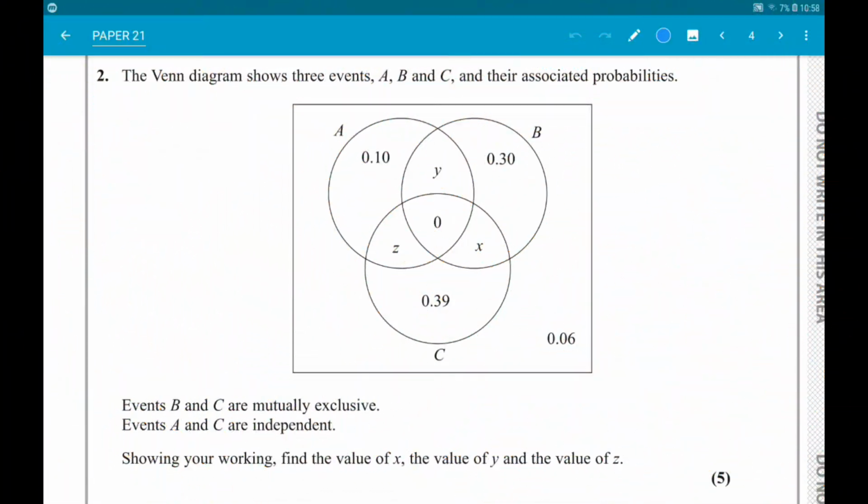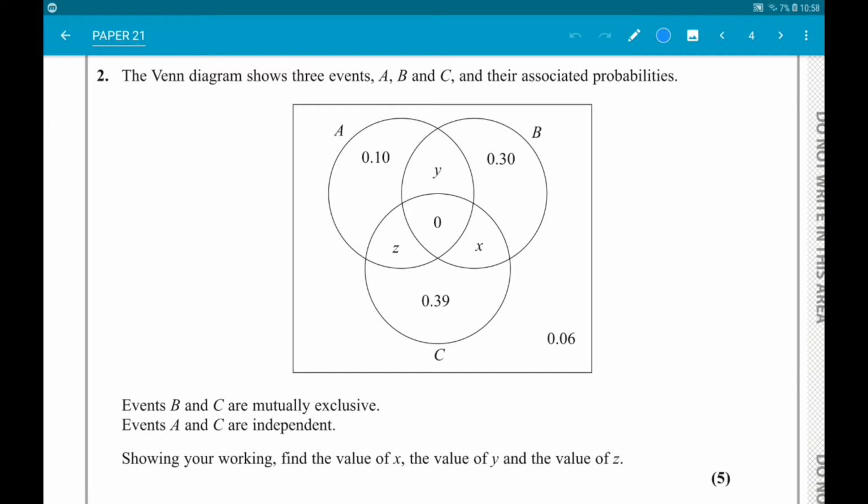Number 2. The Venn diagram shows events A, B and C and their probabilities. B and C are mutually exclusive, so they can't happen at the same time, and A and C are independent. Find the values of x, y and z.